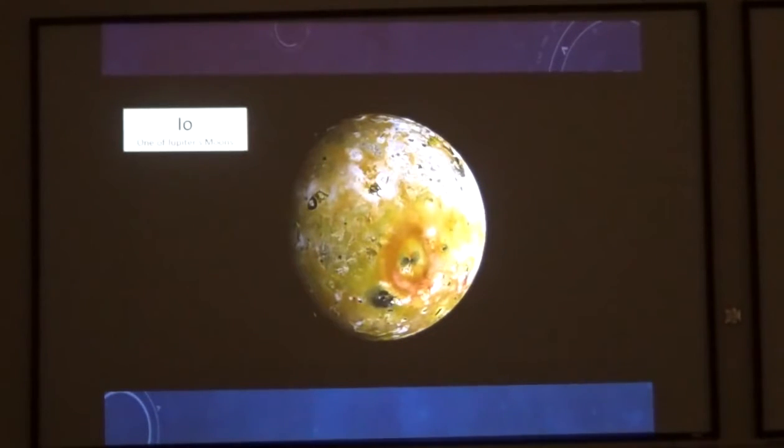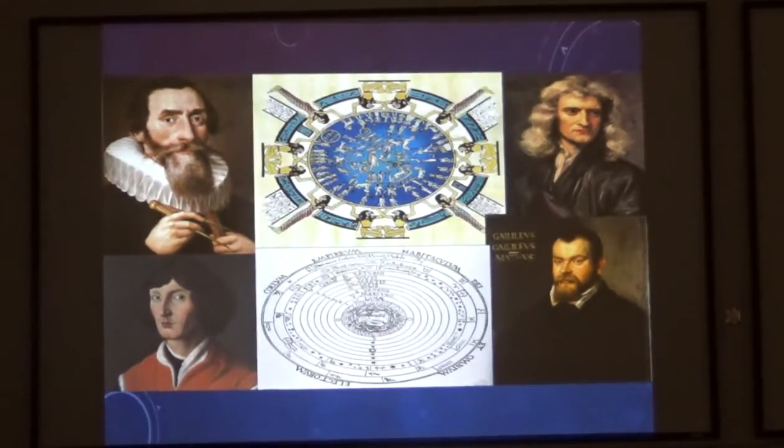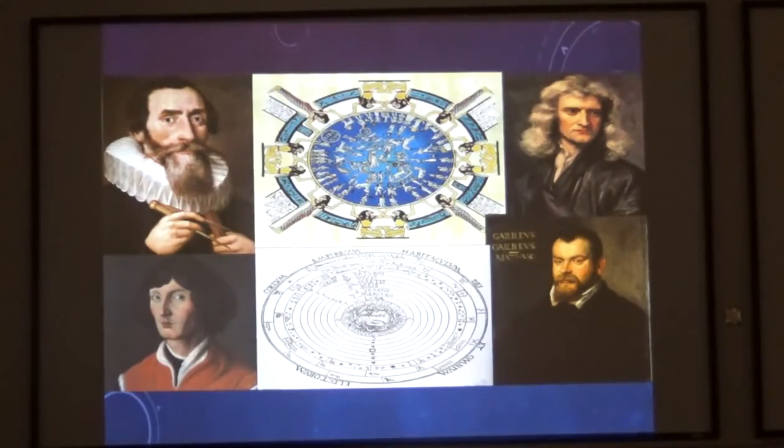So this is Io. It's just one of my favorite moons that I have not seen in person yet, and I'm hoping to soon. Another thing that got me interested in astronomy was when I was studying history, just watching the human progression of astronomy through the ages and how it was seen by Kepler as something that was musical, and I've been a musician the last 20 years of my life, so it spoke to me on that level very, very deeply.